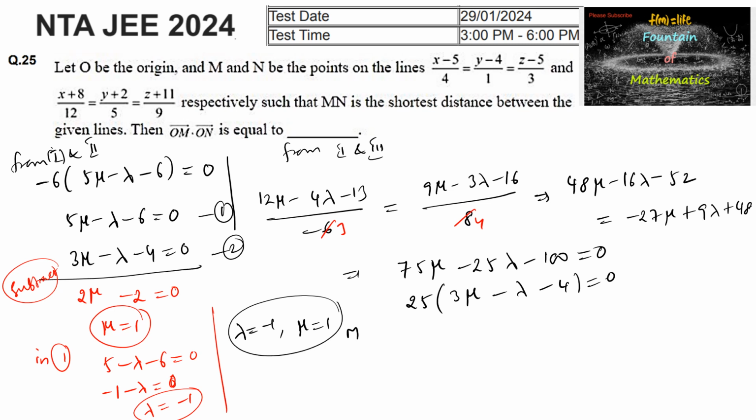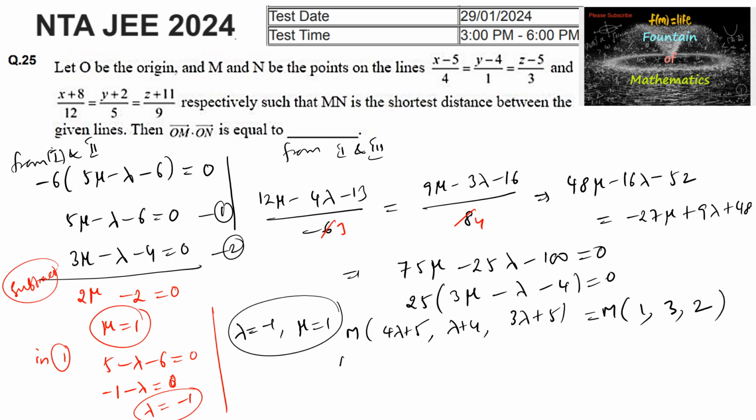M is the general point with the direction ratios 4 lambda, so we consider 4 lambda plus 5, lambda plus 4, 3 lambda plus 5. We can write the point M as 4 into minus 1 plus 5, that is 1, and lambda plus 4, that is minus 1 plus 4 is 3, and 3 lambda, that is minus 3 plus 5 is 2.